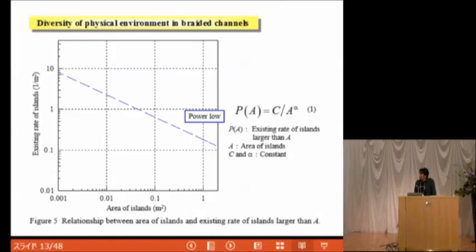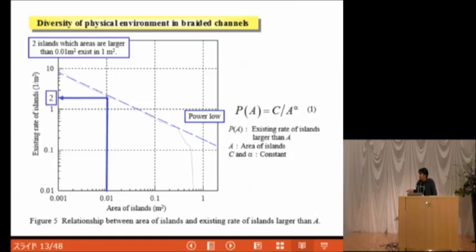Okay, let me show you the effect of the vegetation on the diversity of the physical environment in braided channels. This figure shows the relationship between the area of island and the existing rate of island. And this blue line indicates the power law.